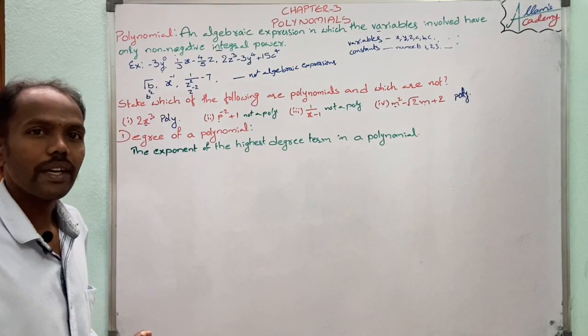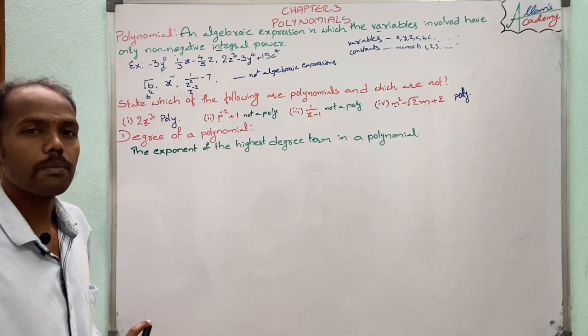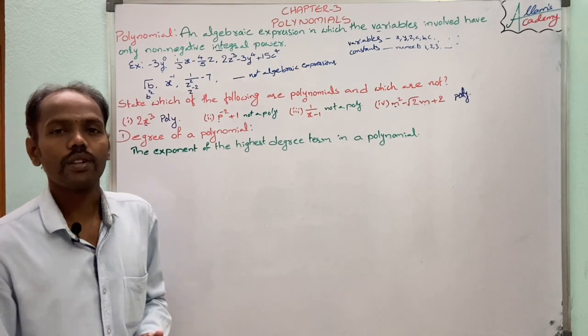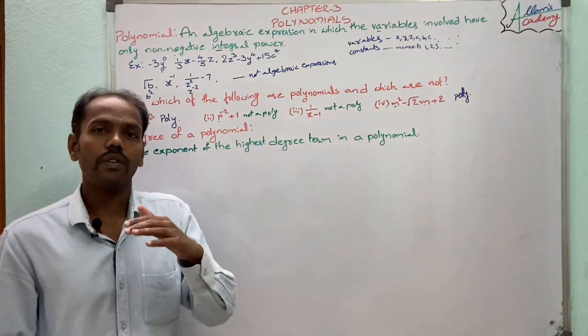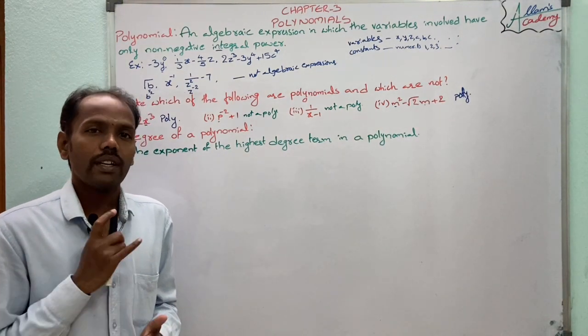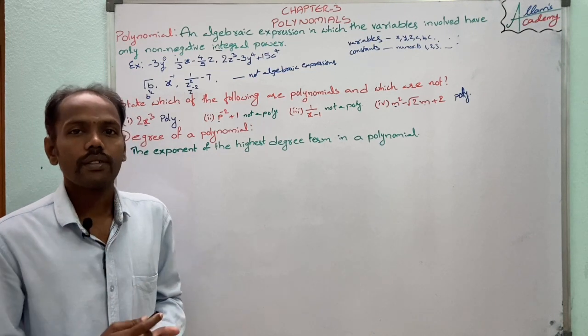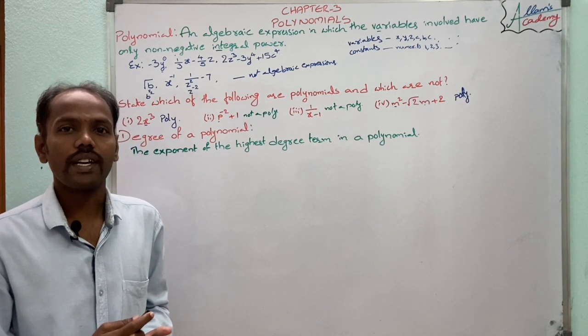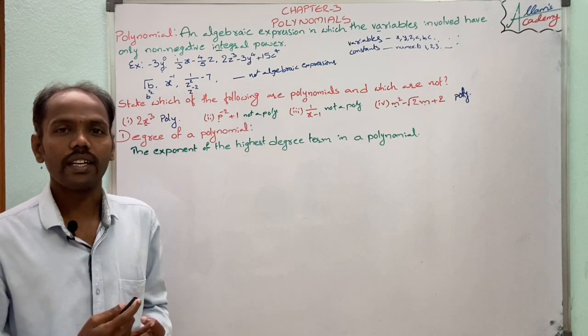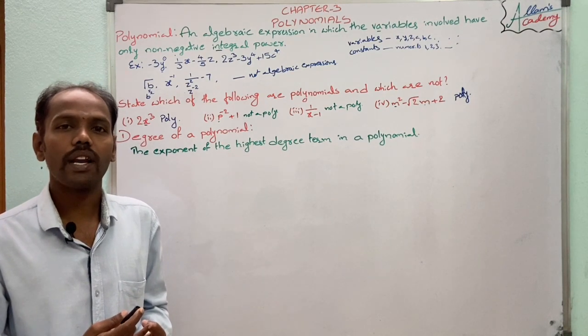By the degree of the polynomial, polynomials are divided into some types. The first is the linear polynomial, the second is the quadratic polynomial, and the third is the cubic polynomial.